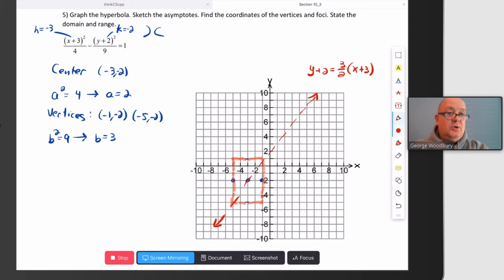So notice what's happening there. I'm taking those two expressions from the numerator and I'm bringing them over to the equation of this asymptote.